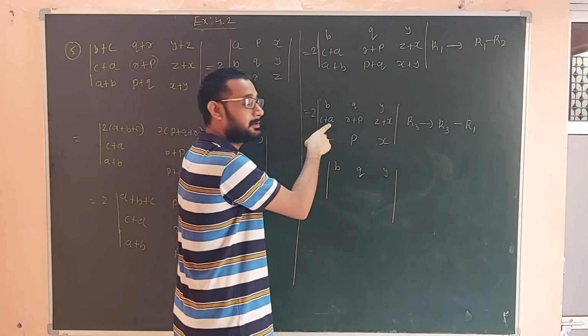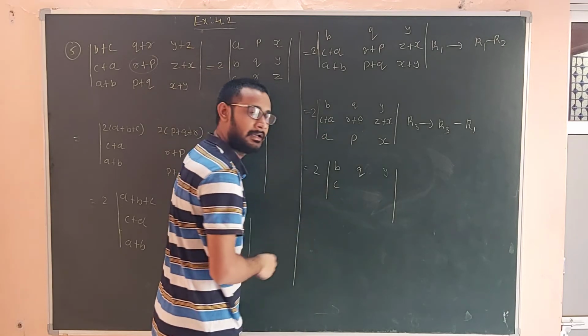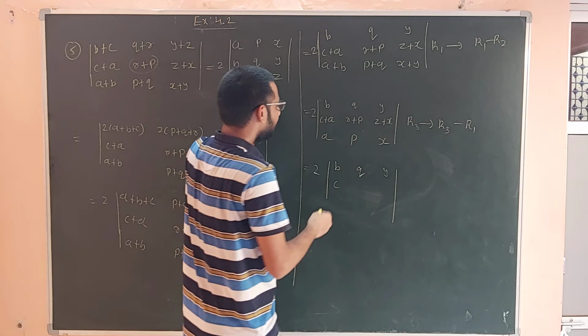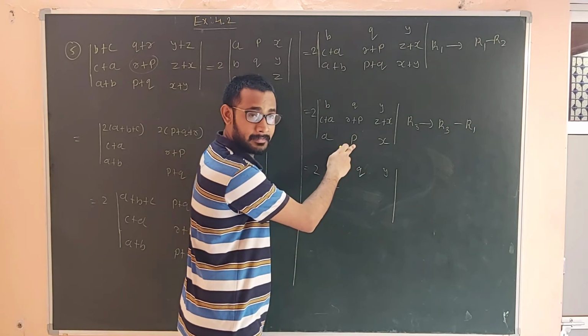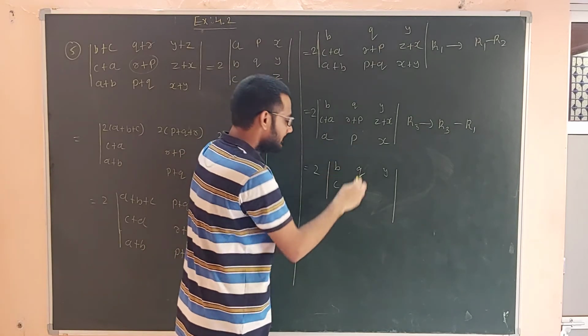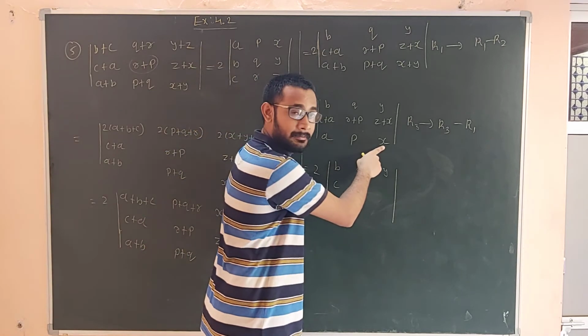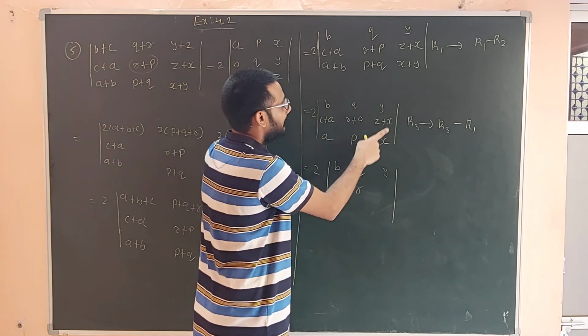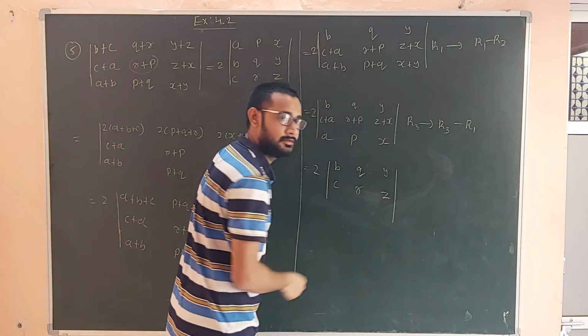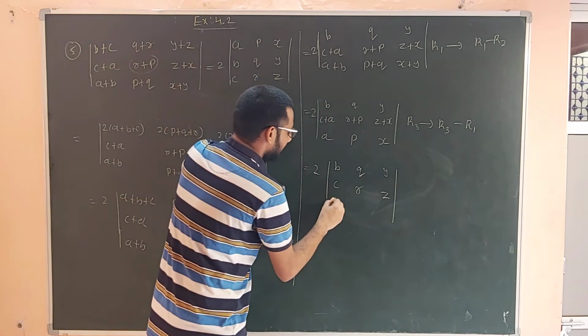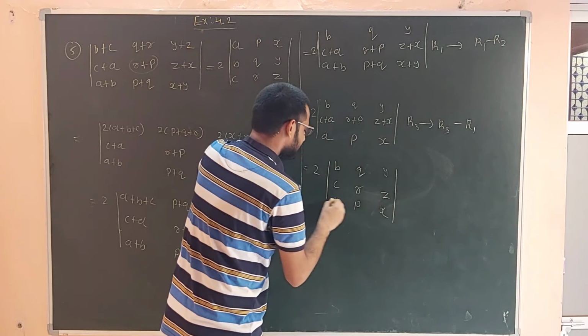So minus A plus A cancel. So what remains? Only C remains, okay. Then we multiply P with negative 1 and add here. So what remains here? Only R. And here multiply X with negative 1 and add here. So what remains? Only Z, okay. And A, P, X as it is.